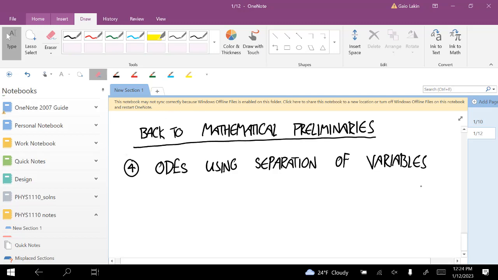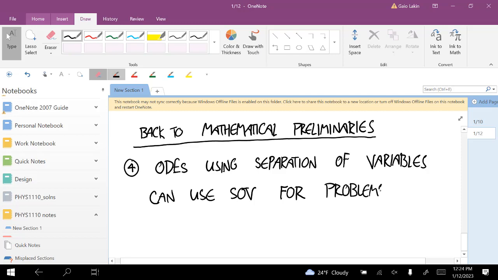Okay, so you can use separation of variables for any problems of the form.